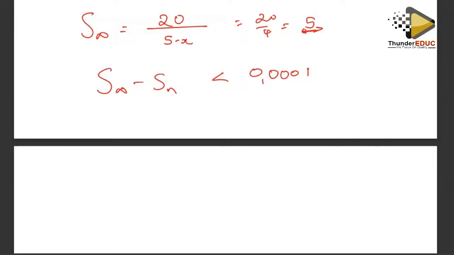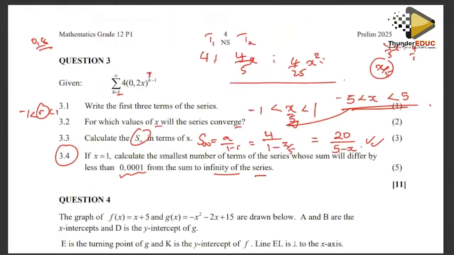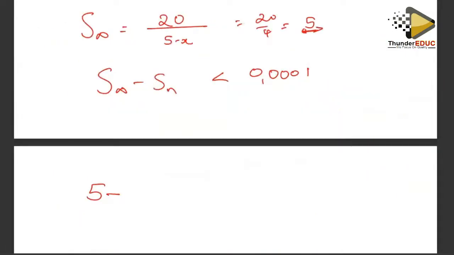Okay, let's do the substitution and see that 5 minus, okay, how many terms are we focusing on? Determining the number of terms whose sum will differ. So it's just like the normal sum, which is given as a times r to the n minus 1 over r minus 1.